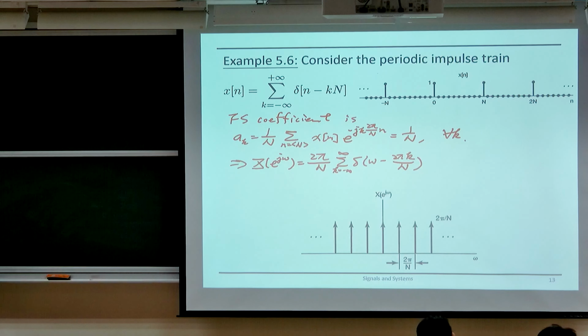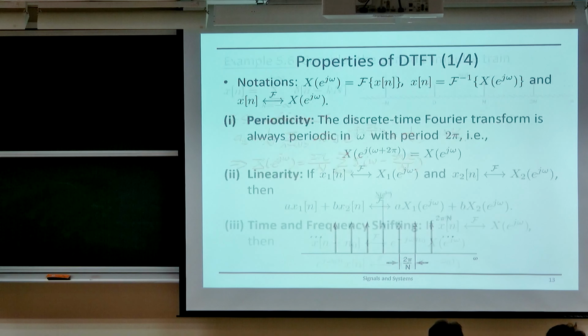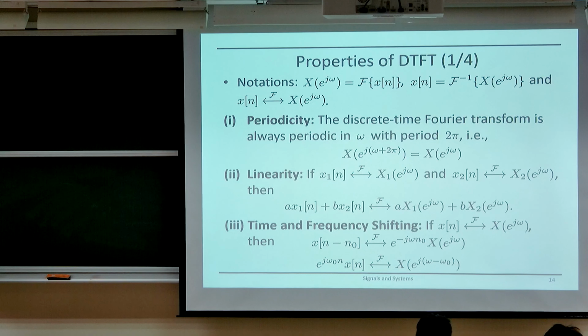So all of these examples, we had something similar in the continuous time case. So you can compare between the two to see if you can gain further insights from this. Now, for the Fourier transform of the discrete time case, we can also prove all these different properties.